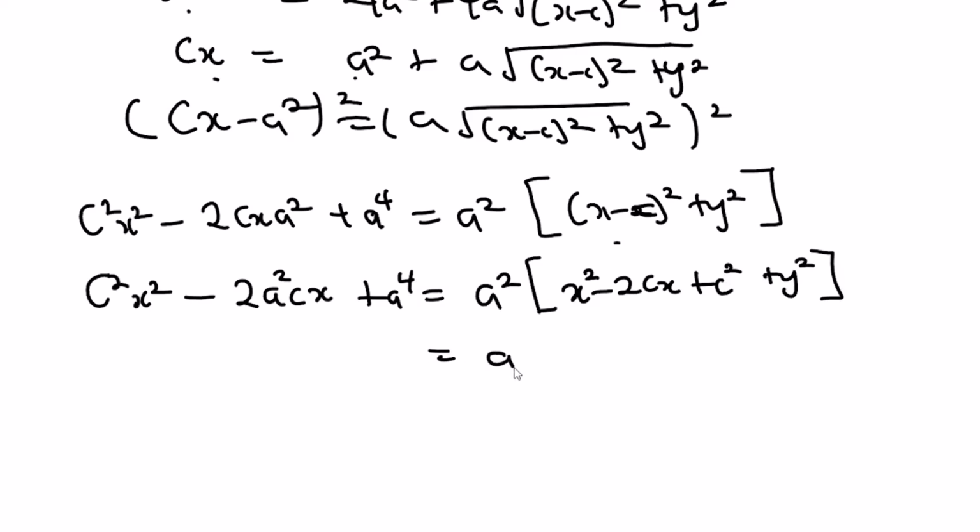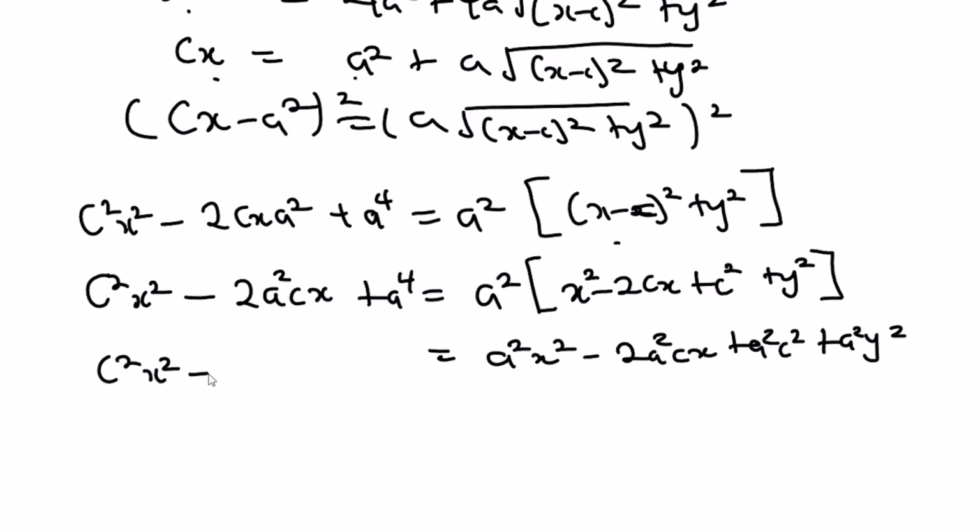So we have a squared x squared minus 2a squared cx plus a squared c squared plus a squared y squared. So let's add this side, c squared x squared minus 2a squared cx plus a exponent 4.